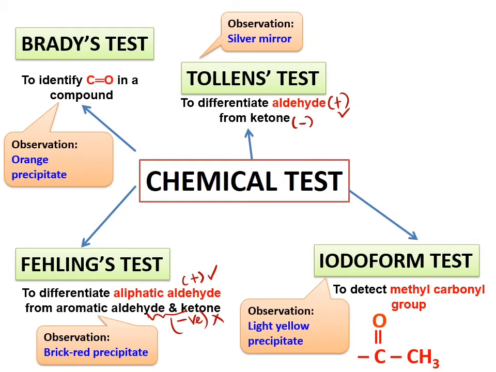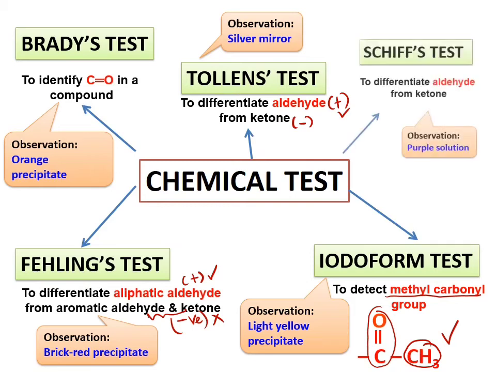In chapter 8, iodoform test is used to detect methyl carbonyl group, right? And here too, iodoform test is used to detect methyl carbonyl group. Carbonyl refers to C double bond O. There must be a methyl and a C double bond O, that is why it is called methyl carbonyl group. If this is present in an aldehyde or ketone, usually aldehyde does not have it, usually it is ketone that has it, it will give a positive result, where the observation is a light yellow precipitate forms.